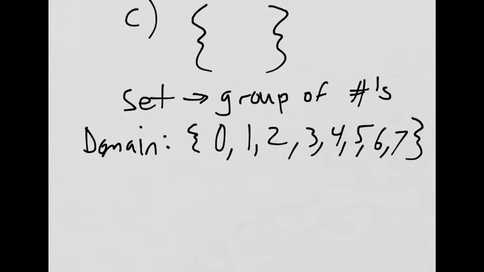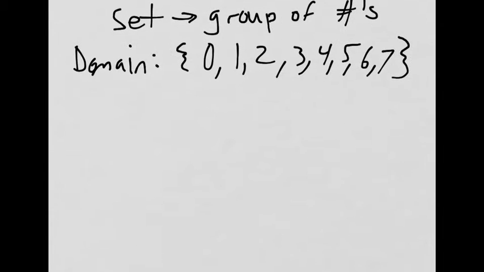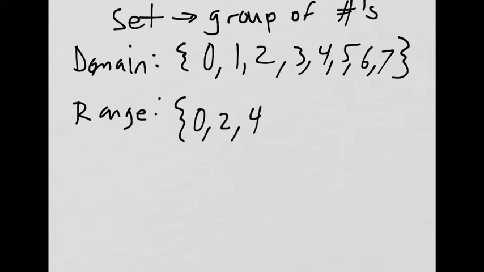Okay? It's just a list of numbers that the independent variable n can be. The range is represented in the same way. The range is represented as 0, then 2, 4, 6, 8, 10, 12, 14.